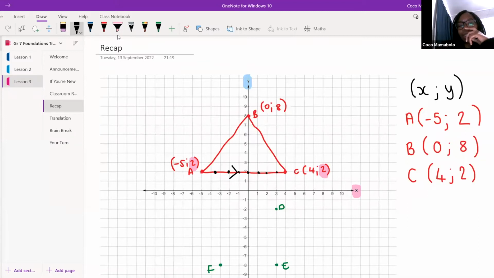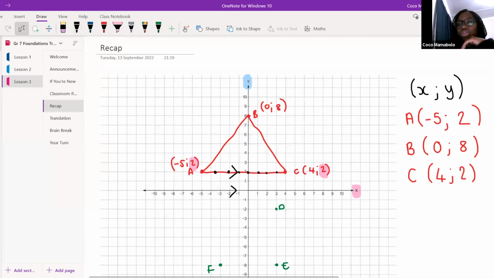Good, excellent. It's parallel to my X line. So because all my Y coordinates on the X line are 0, that means if it's parallel to my X line, all the values on that particular line are all going to be the same. Okay, excellent.